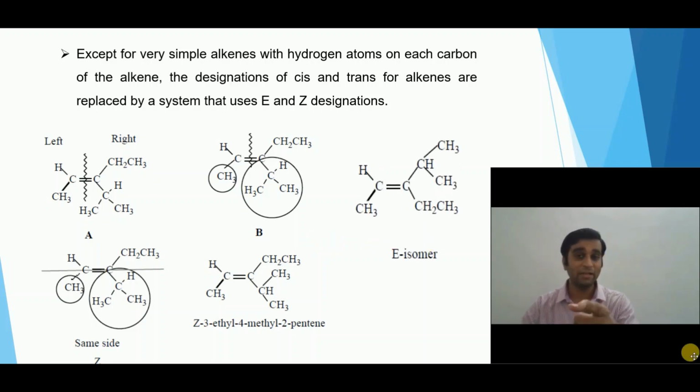Here I have mentioned the E isomer as well, where the highest priorities are on opposite sides of the plane. So when all four substituents are different, we have to go for the E and Z system. As we have seen in the definition, it is a diastereoisomeric relationship in which rotation is prevented or restricted around the carbon-carbon double bond.